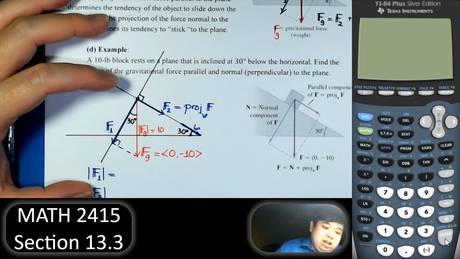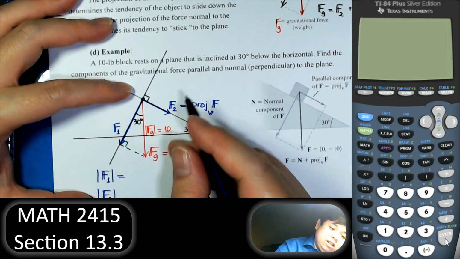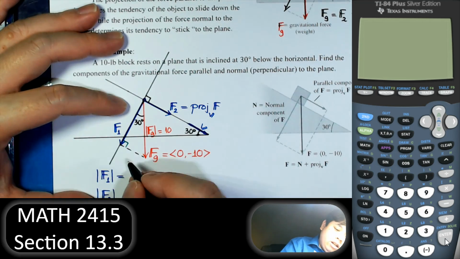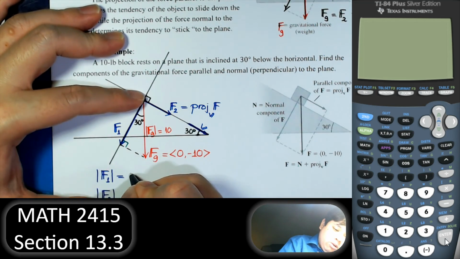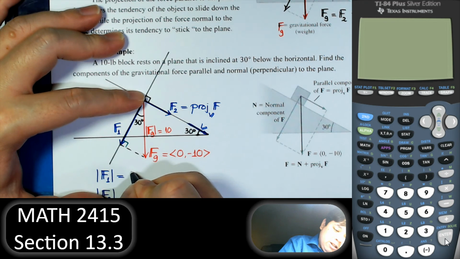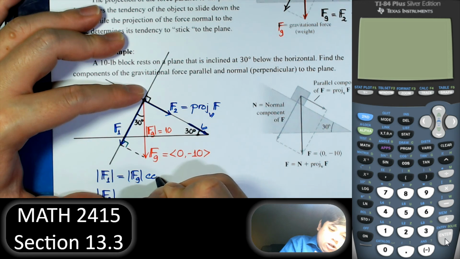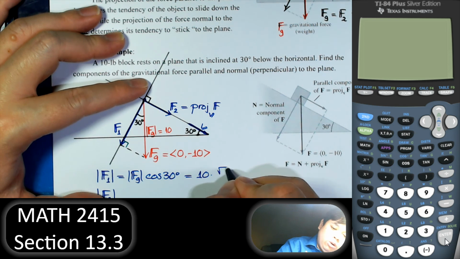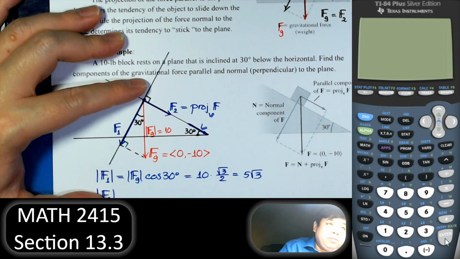So we say adjacent is equal to hypotenuse times cosine of 30 degrees. So 10 times cosine of 30 degrees, which is square root of 3 over 2, so 5 square root of 3.